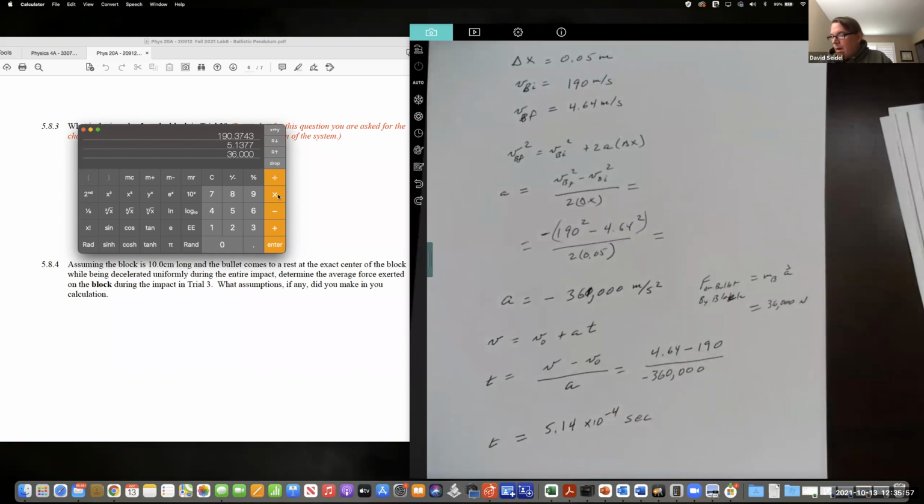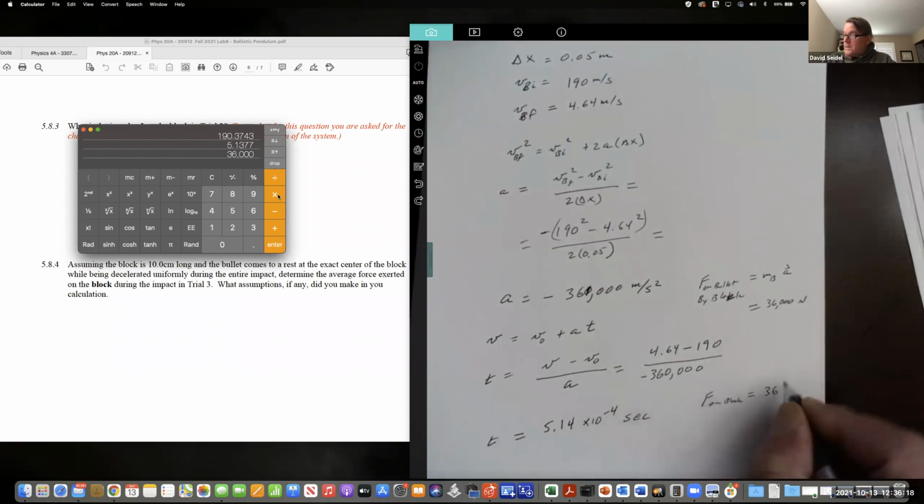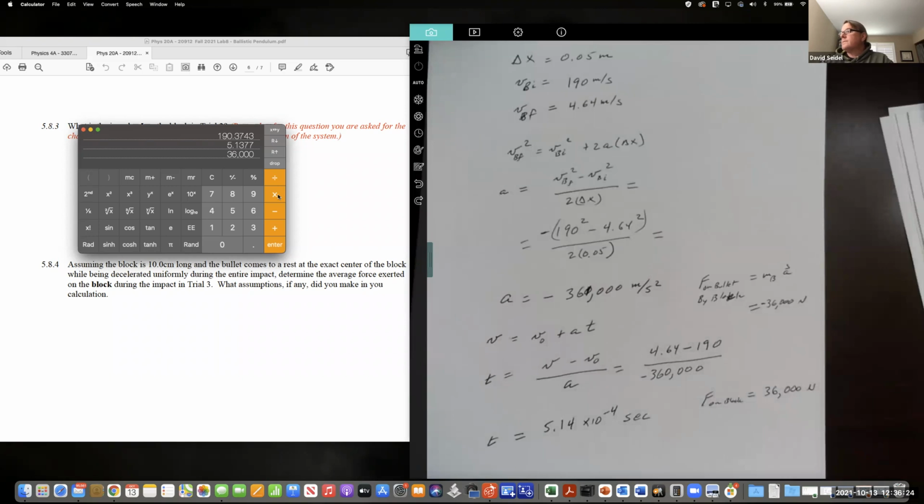Okay, but now I can take my acceleration of the block and say, does this make sense? Because it only happens for a very short time. So the force on the block is equal to minus 36,000, equal to plus 36,000 newtons.